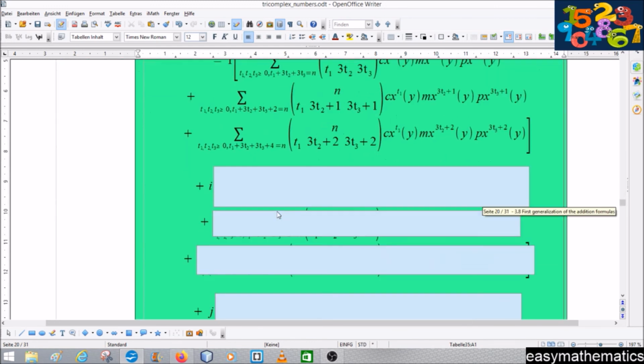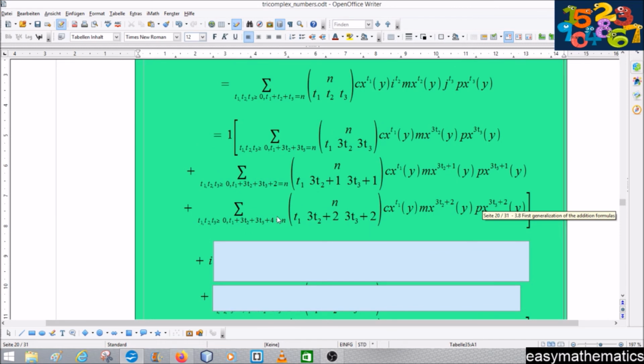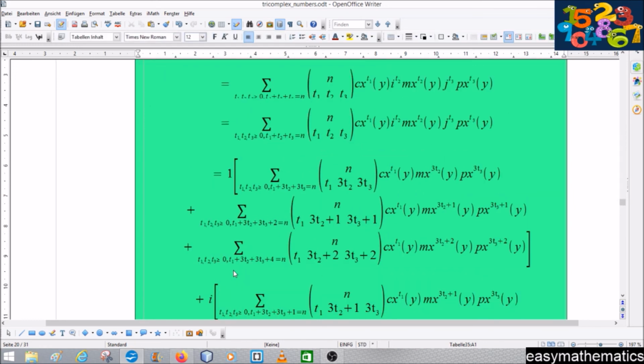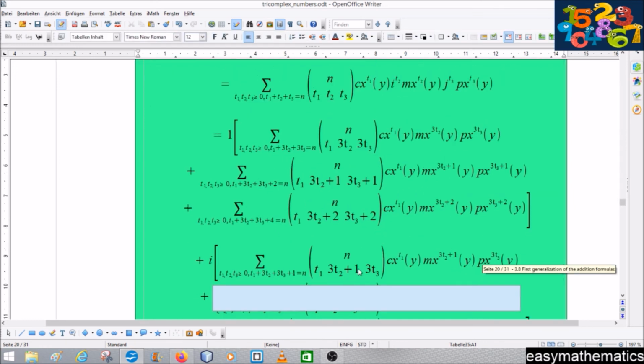And what contributes to i? For i we have the case where i stays i, in other words remainder 1 after division by 3, and j becomes 1, so the exponent is a multiple of 3.